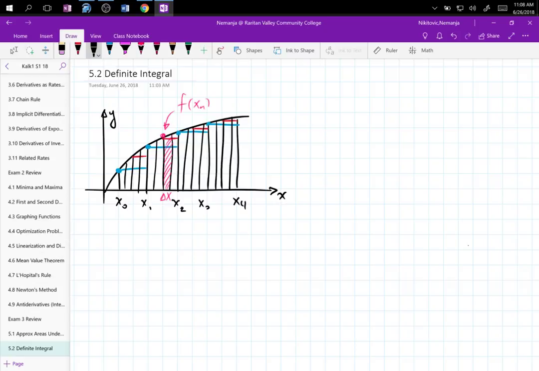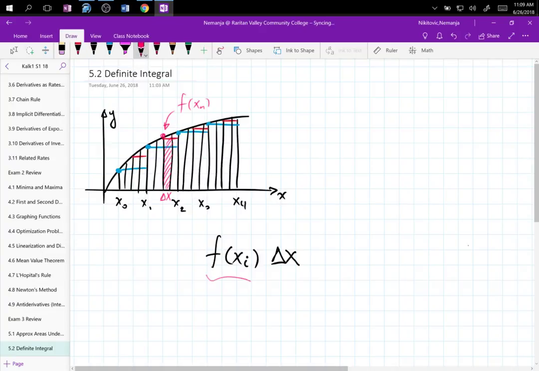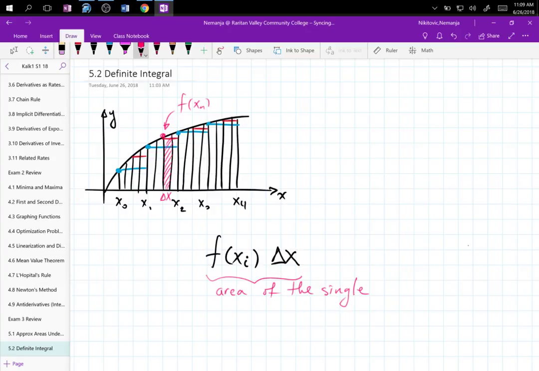What you see now is that I'm going to take just the area of this one rectangle. I'm going to say I have f of x, and I'll call it i because I need to know which exactly one it is, and I'll deal with that later. So I have f of xi times delta x, and I'll label this as the area of the single rectangle.